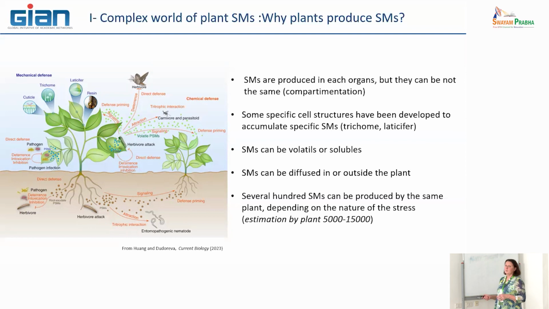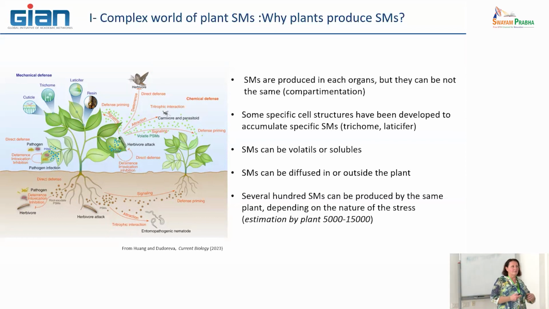And finally, we have just started to identify some of these molecules, because in one plant there are several hundred, but it is now estimated that between 5,000 and 15,000 molecules per plant can be produced, not at the same time, but depending on the situation of the plant. So you see, the potential of one plant is completely amazing.